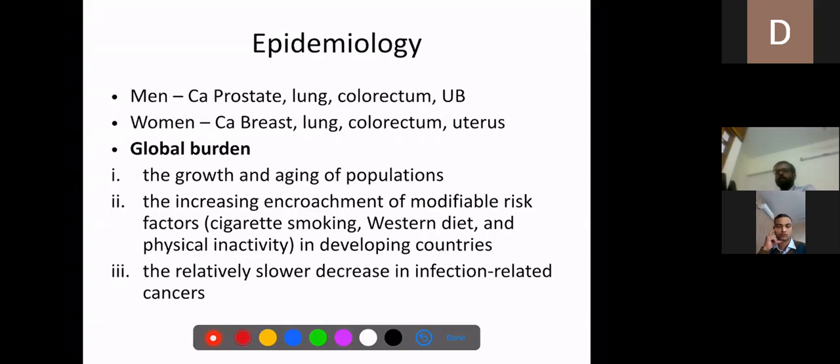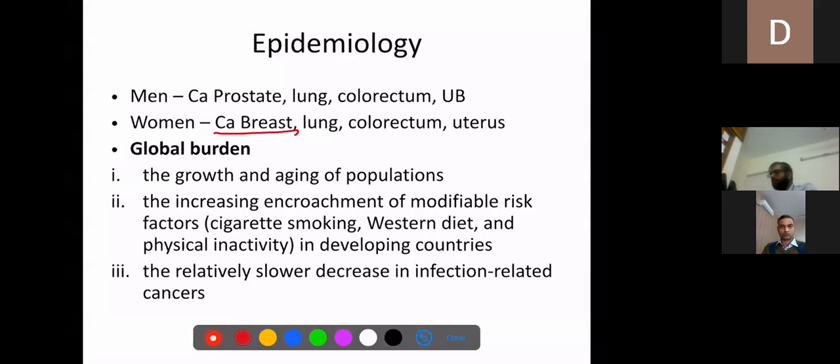Coming to the epidemiology, just 2 slides only. I'm not going to cover the epidemiology broadly. As you all know, in men the common cancers include CA prostate, lung, colorectum, and urinary bladder. In women, predominantly carcinoma breast, followed by lung, colorectum, and uterus. There is absolutely no doubt that in women, CA breast is the most common tumor, followed by lung.